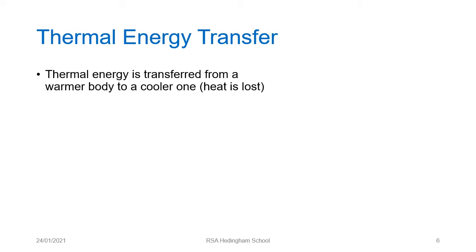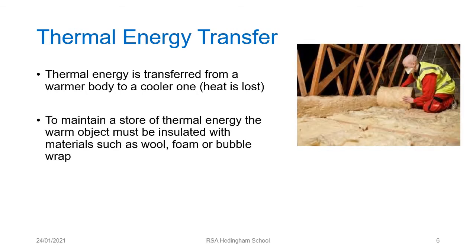You'll already be aware that thermal energy is transferred. A warm object will have energy transferred from it to a cooler one. In other words, hot things cool down. To maintain the store of thermal energy, the warm object must be insulated, usually with something that contains air, because air is a good insulator.